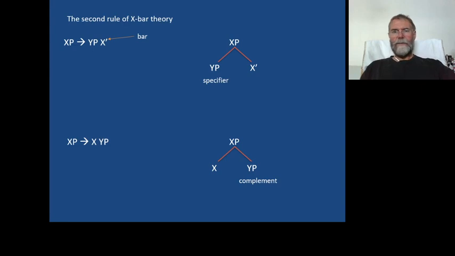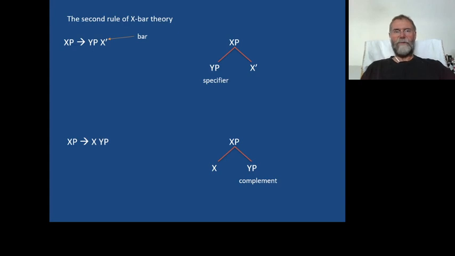Well, in order to see what this is all about, I'm going to first of all have to admit to a little white lie that I told last week, and that is that I said that the first rule has the XP being made up of the head followed by the complement. Actually, that XP of the first rule isn't an XP at all, it's an X bar.